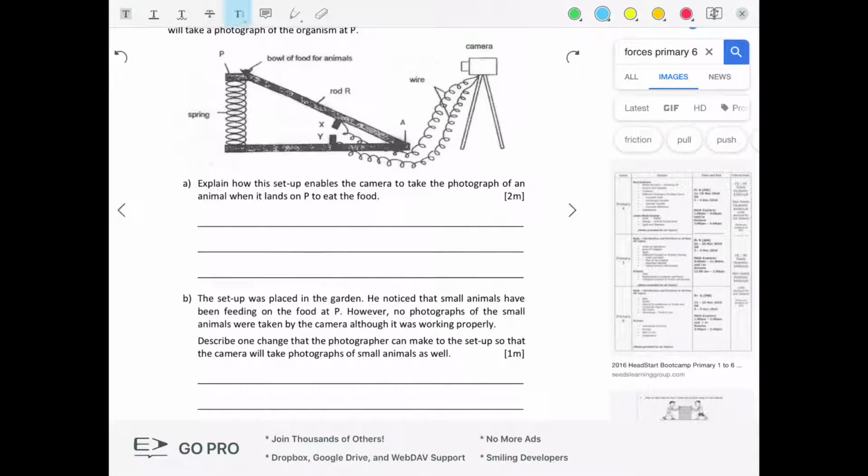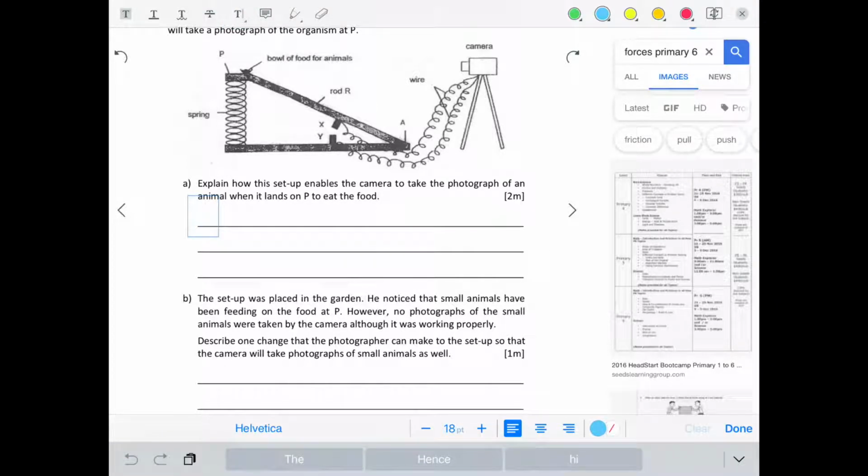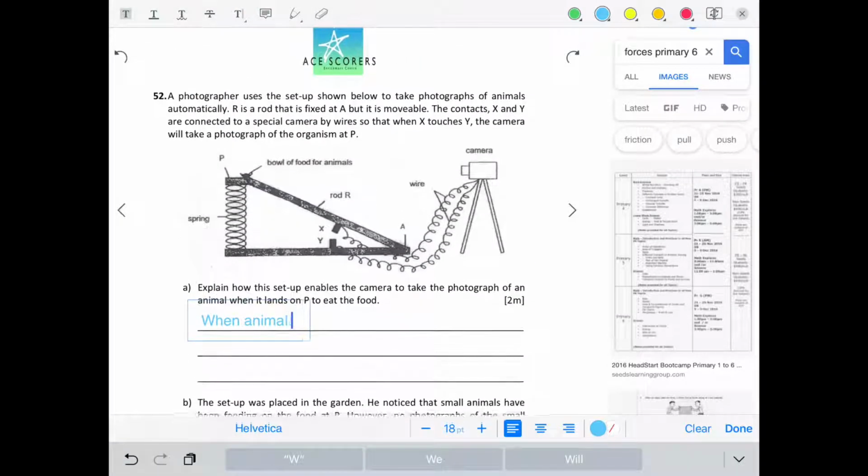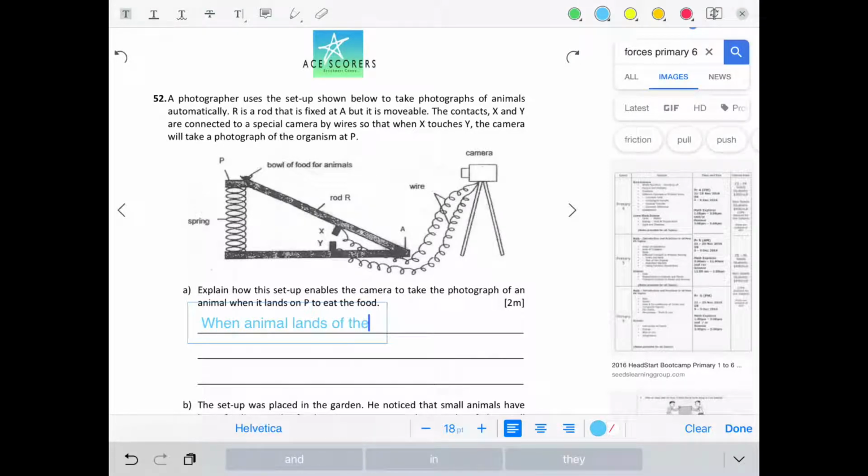So what do you write here? Exactly what I said, right? When the animal lands on the bowl, the spring will compress, causing X and Y to come into contact and close the circuit for the camera to take a shot.